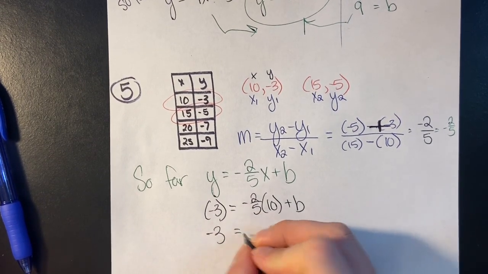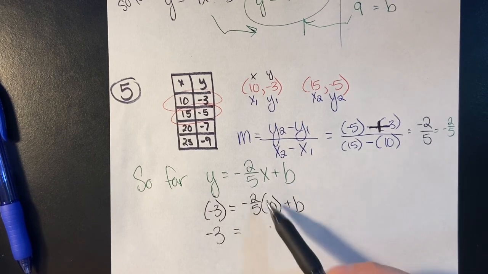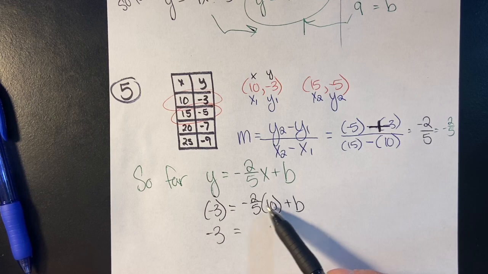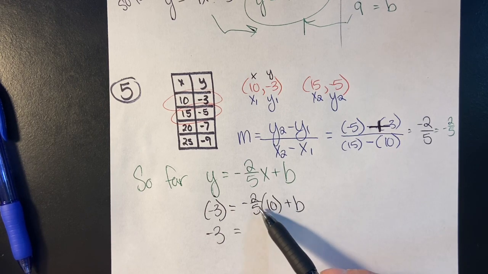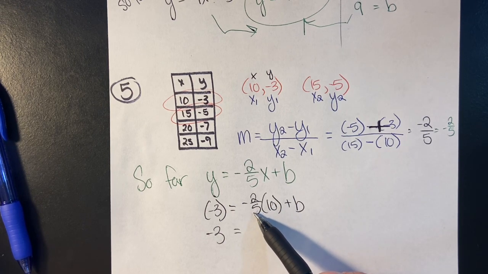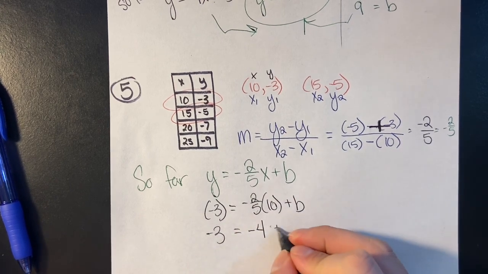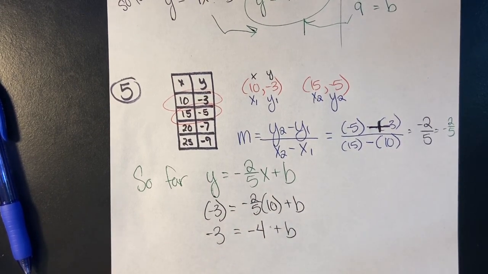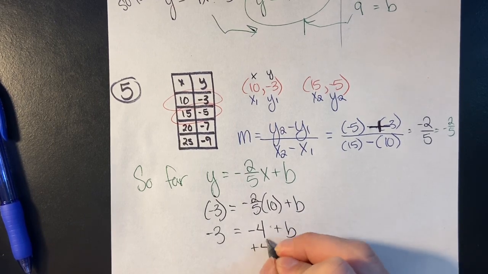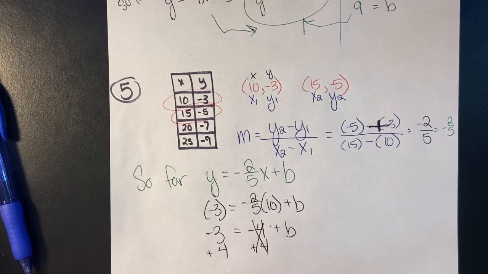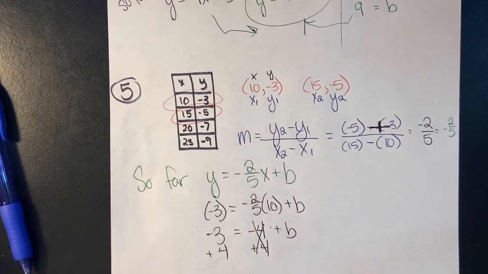Negative 3 equals, remember that little trick that I told you before, if you have a whole number times a fraction, do 10 divided by the denominator, so 10 divided by 5 is 2, and 2 times negative 2 is negative 4. Add 4, negative 3 plus 4 is 1, so 1 equals b.